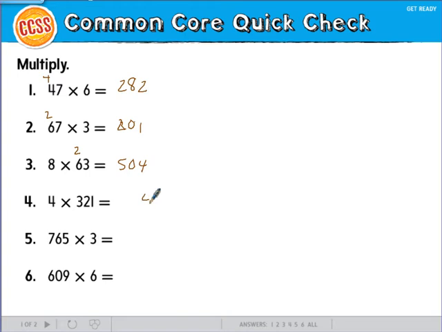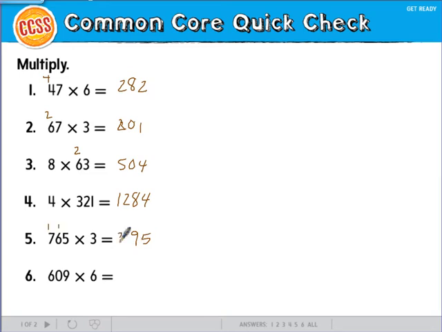4 times 1? 4. 4 times 2? 8. 4 times 3? 12. 3 times 5? 15. 3 times 6? 18. Plus 1? 19. 3 times 7? 21.